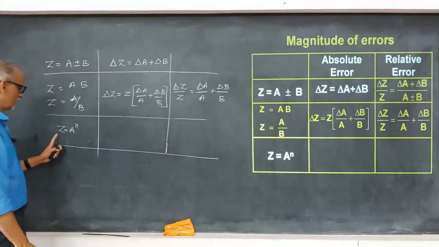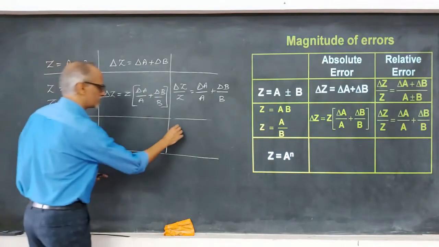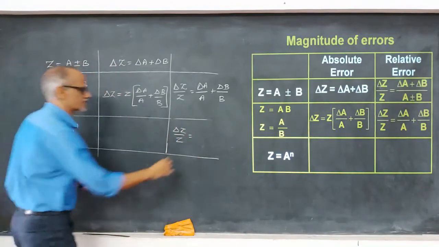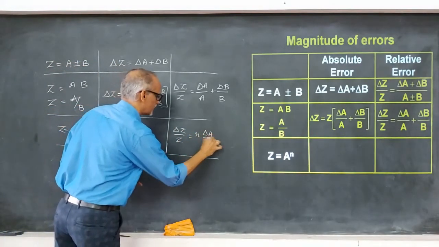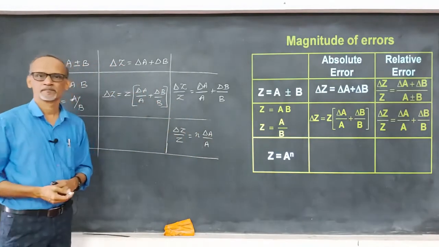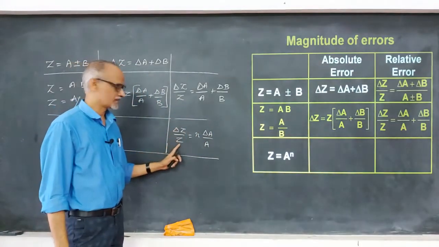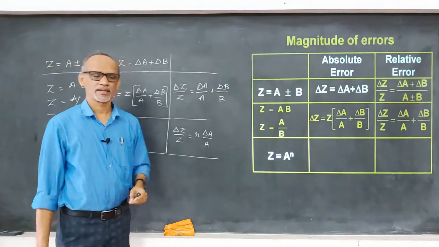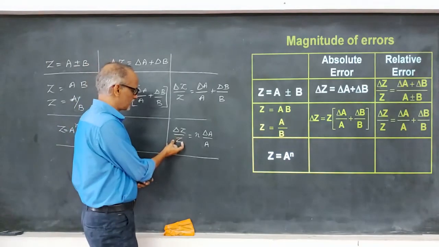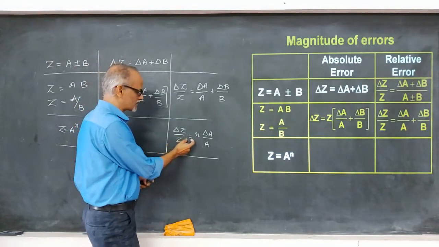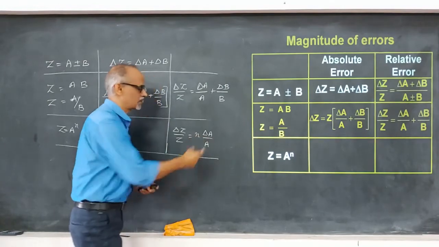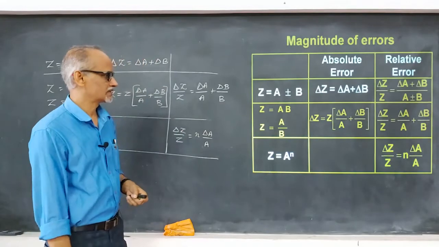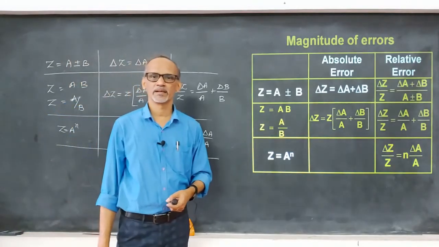Then delta Z by Z is equal to n times delta A by A. Whatever the power is, you just multiply that. That means the fractional error is always n times the fractional error of the individual quantity. So, that is the equation delta Z by Z is equal to n into delta A by A.